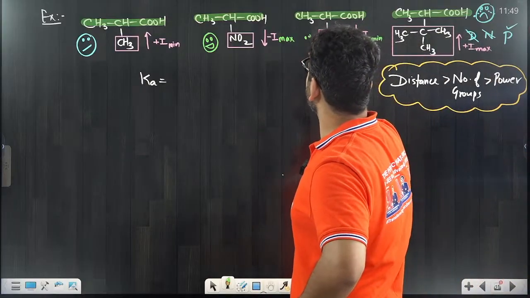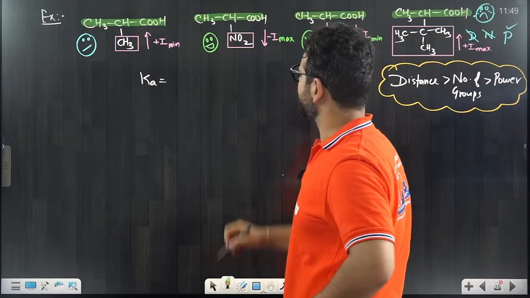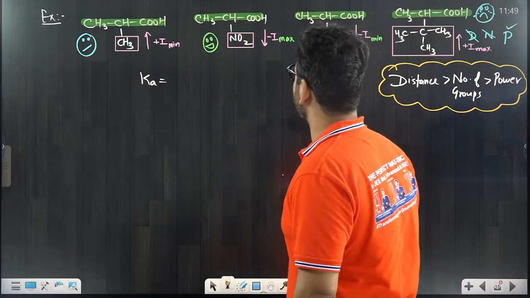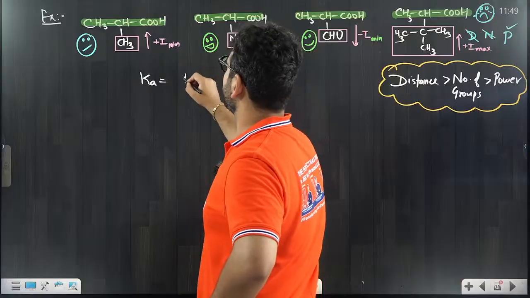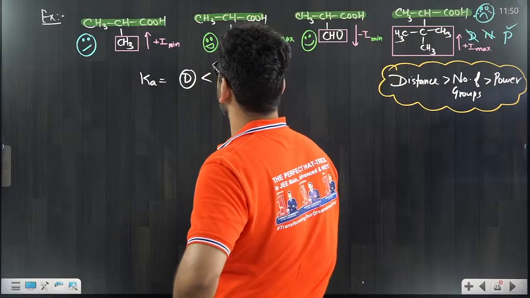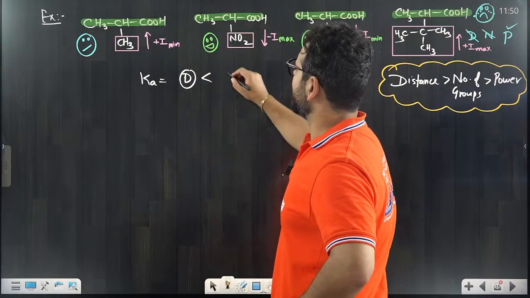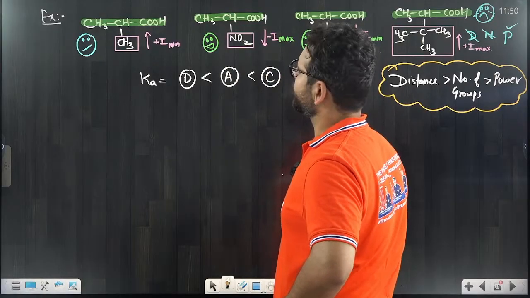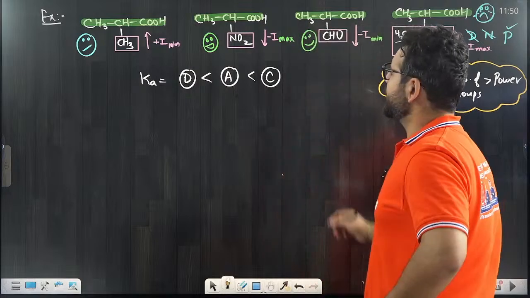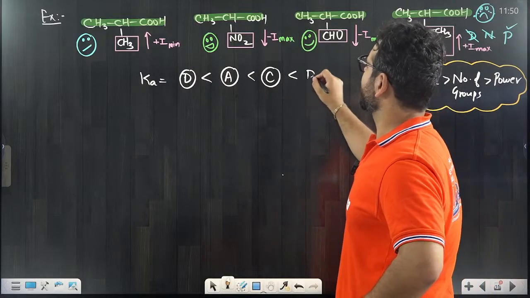On the other hand, the other one is also happy, but not much. So the Ka order becomes: Ka is highest for B, lowest for D. So D is the lowest Ka. Then comes A, then comes C, and B, which is maximum minus I.